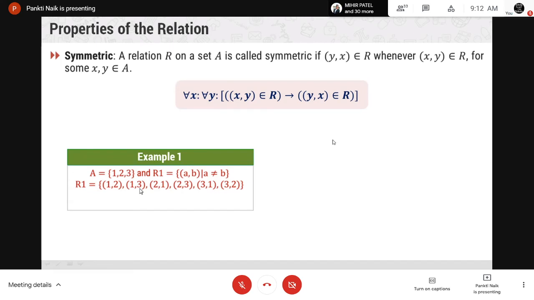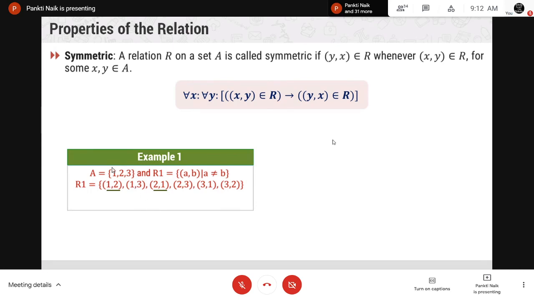But (1,1) is not part of the relation R1 because જો (1,1) કરીએ તો A અને B બંનેની value same થઈ જાય, right? So (1,2), (1,3), (2,1), (2,3), (3,1), (3,2), right? So these are the members or elements of relation R1, right?